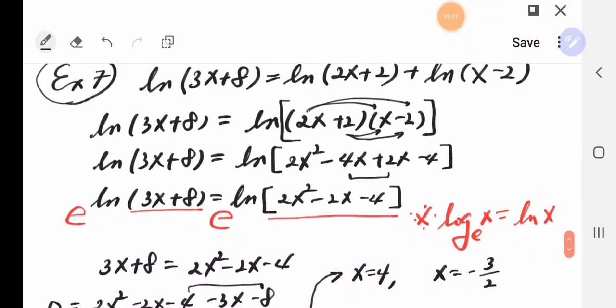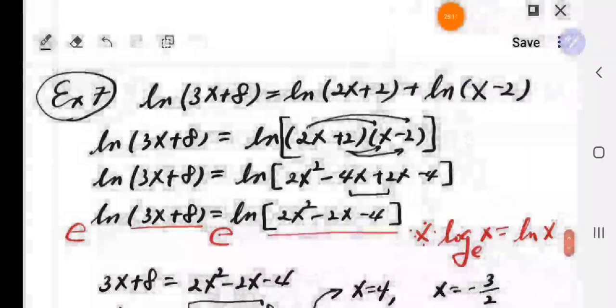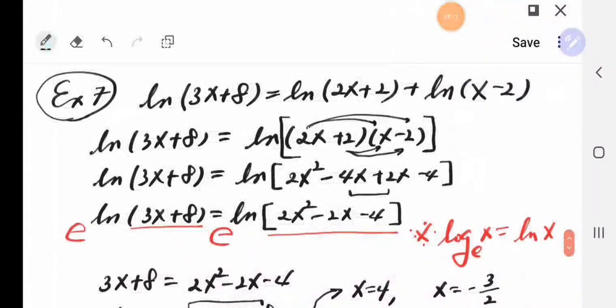Okay, if x equals 4, then let's check this one. If x equals 4, then this is positive. This is also positive. 4 minus this is positive. So 4 is fine.